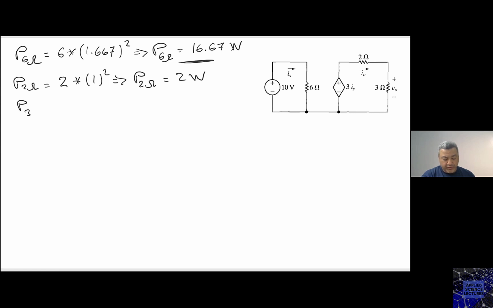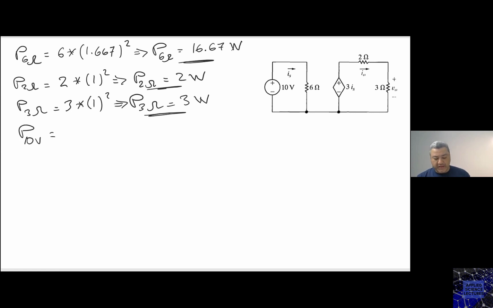P for the 3 ohm is 3 watts. Right? Now P for the 10 volts is 10 times IS.